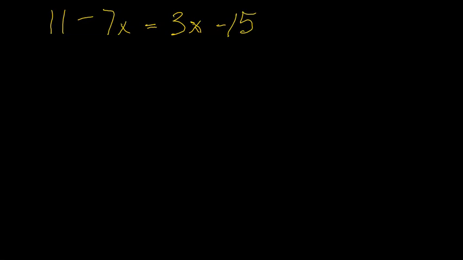So using our 3-step approach, first thing we do after a visual inspection, we see 4 terms, right? And we have to note which one has negative, which one has positive. So the first step is to rearrange so that like terms are together.